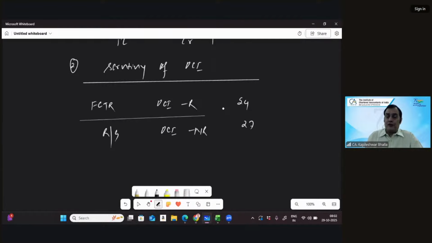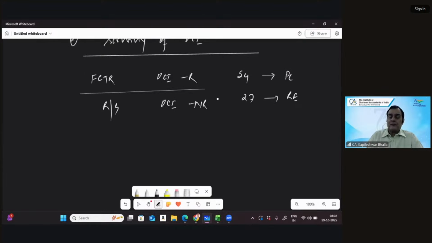So we know that this 54 is going to be put in the P&L and this 27 is going to be put in the retained earning. So let's put entries for that. So we can put the entry FCTR gets a debit, which is nothing but OCI, and the profit and loss gets a credit. That is to the extent of 54 crores. And then the revaluation surplus gets a debit and the retained earning gets a credit.